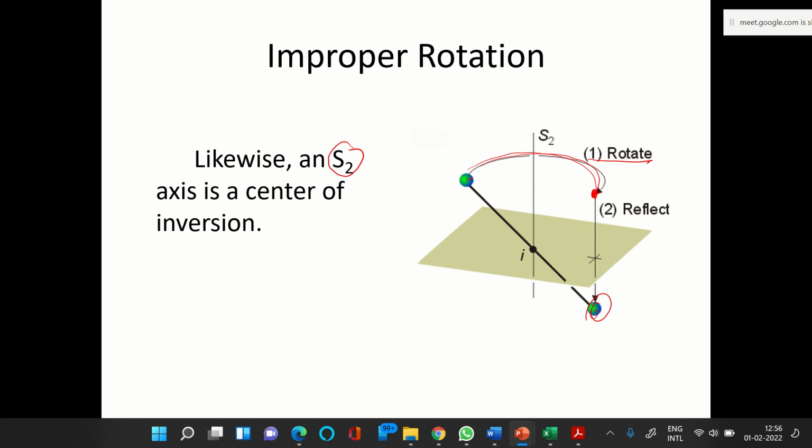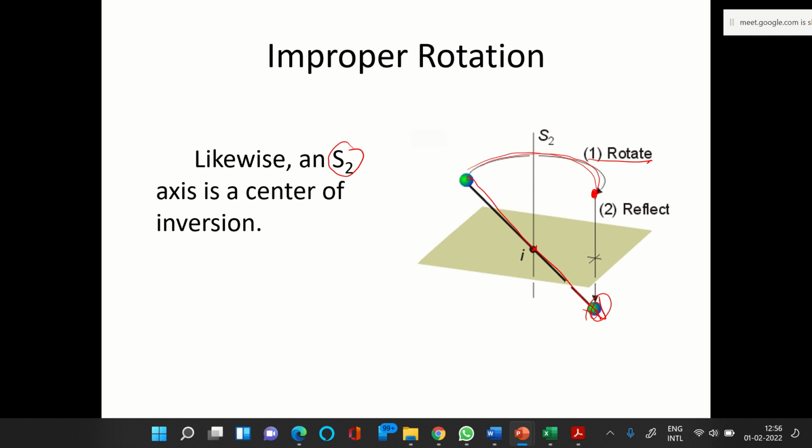Now this result is exactly the same as performing an inversion. Inversion was, you locate the center and through that central point take one side to the other point. So this is the inversion operation.